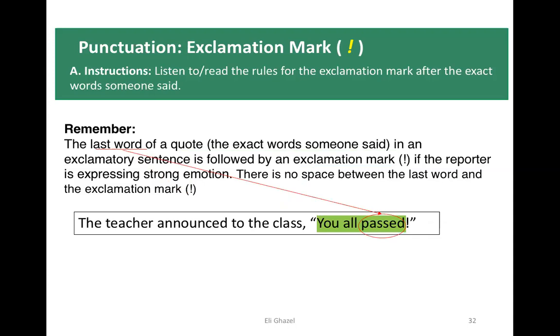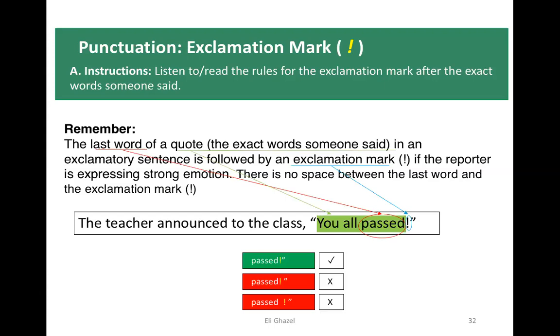And the exact words are "you all passed." The punctuation mark is an exclamation mark, no space, quotation mark. So please remember, passed, exclamation mark, quotation mark. That's the right order. No spaces before or after the exclamation mark.